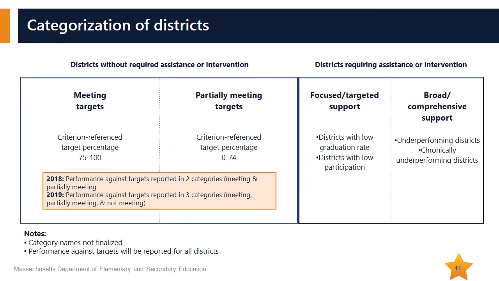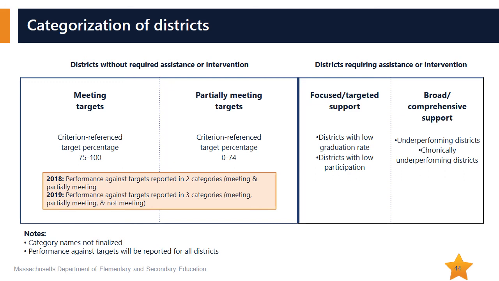This chart depicts how districts will be classified. Like with schools, a small number of districts will be identified as requiring assistance or intervention. These districts will either be identified as needing broad or comprehensive support if designated underperforming or chronically underperforming by the Board of Elementary and Secondary Education, or as needing focused or targeted support if the district as a whole graduates less than 66.7% of its students or assesses less than 95% of its students on the MCAS tests.